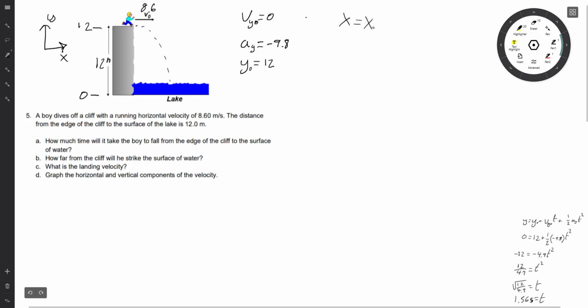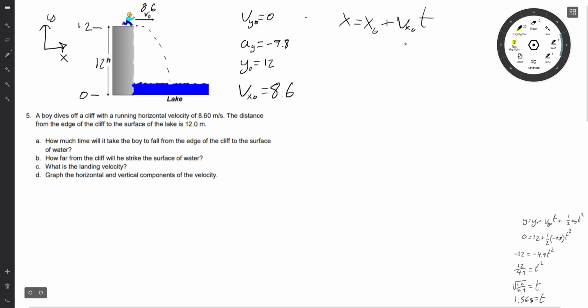x equals x0 plus, no, not at, v0t, or in this case it's going to be Vx0, which happens to also be V0, times time. So Vx0 equals 8.6 meters per second.